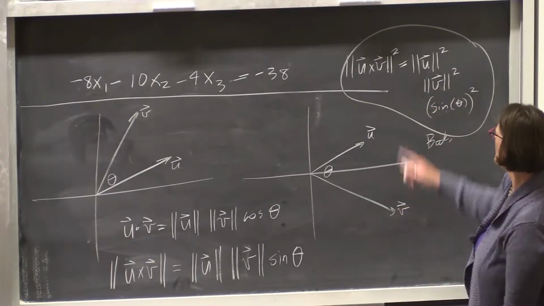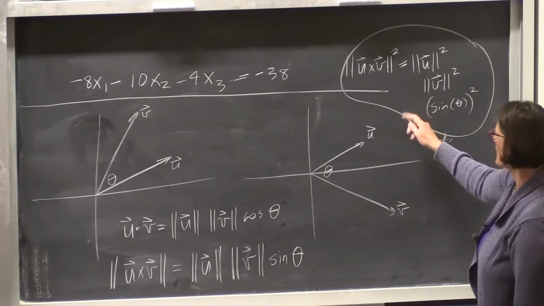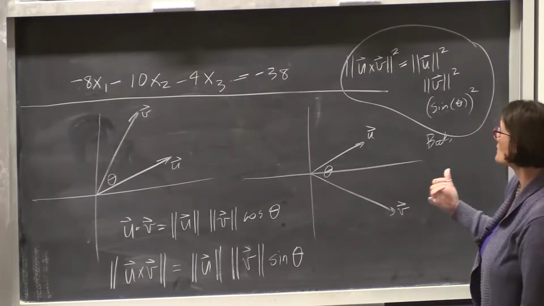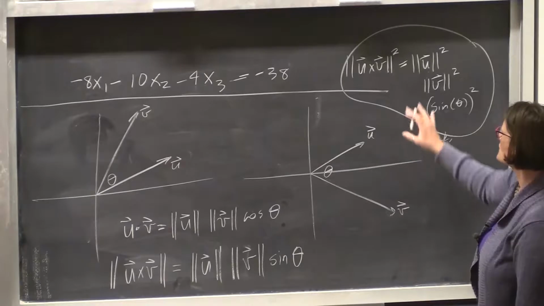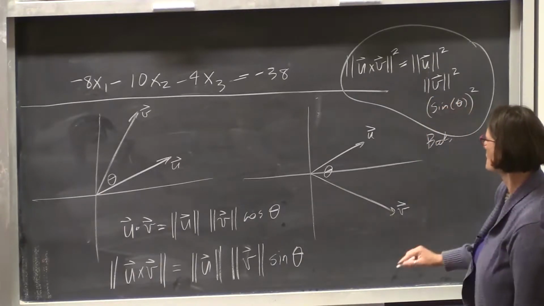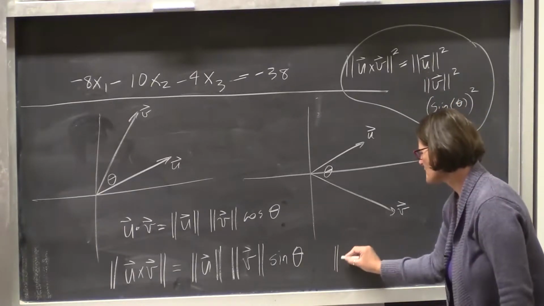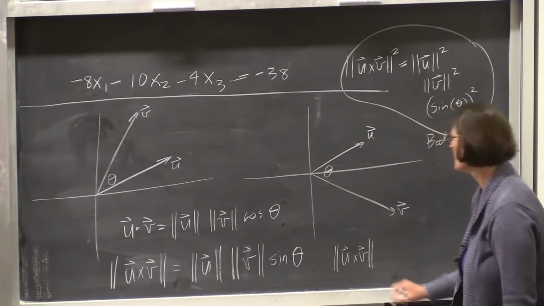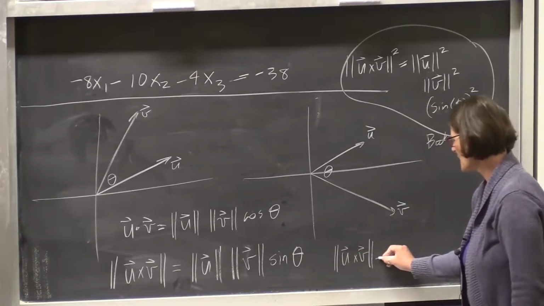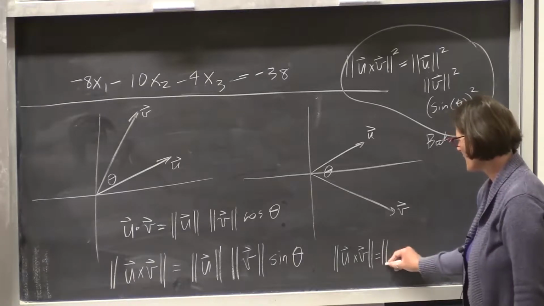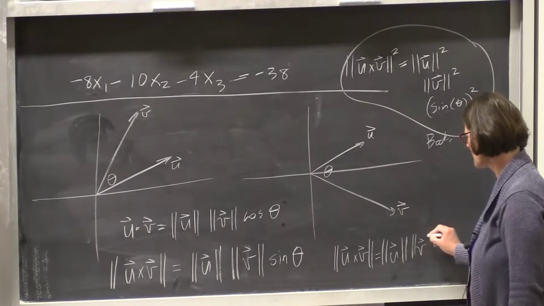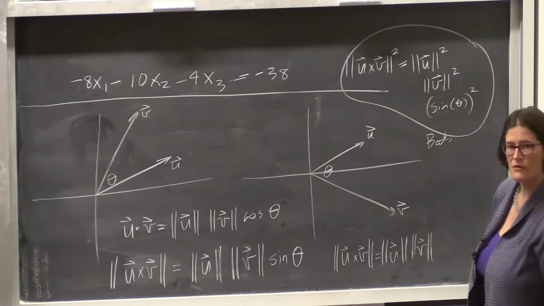Then you get this far, and you're like, okay, well, I didn't care about the square of the length. I cared about the length. So let's just take the square root of this. I take the square root on the left side, and I get the length of u cross v. I take the square root on the right side, and I get the length of u, the length of v. And what is the square root of a square?